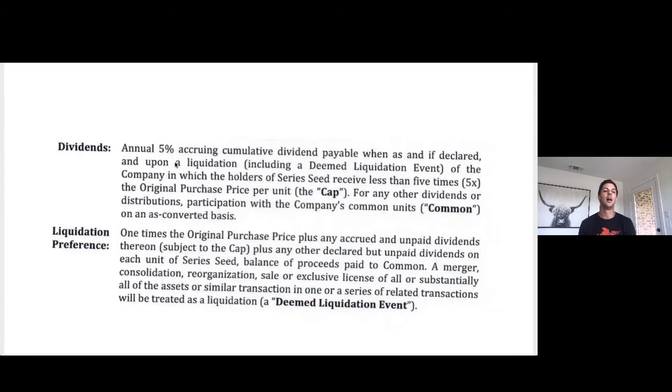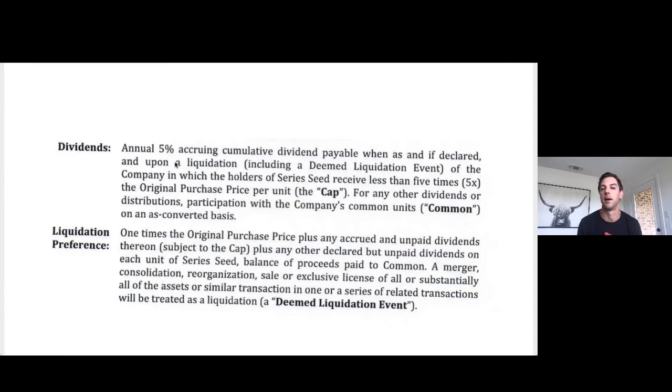Dividends accrue, and it's a bare minimum acceptable return that an investor will want to compound on their $1 million investment. So after year one, it's $1,050,000. After year two, it's 1.1 million. So their equity is appreciating at a minimum of 5%.